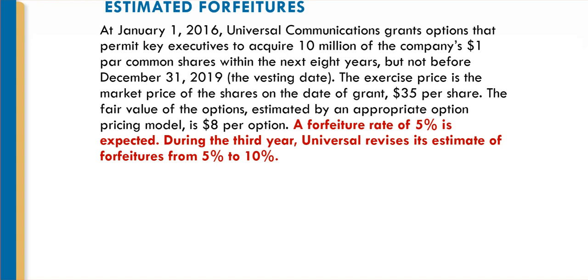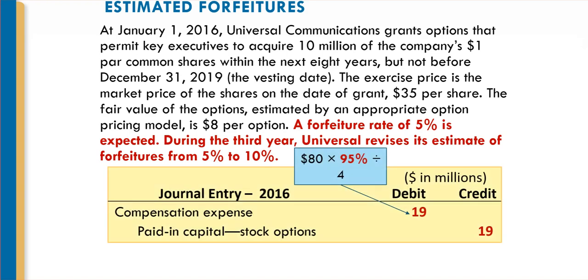Well, if we think that forfeiture rate is 5%, then the original way in which we record the journal entry is 95% of the 80, right? So you record 95% of the 80, and I get that to be 76 million. 95% times 80 is 76 million.